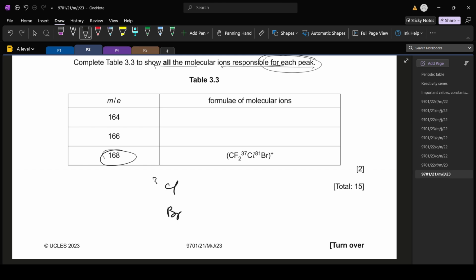Chlorine has two isotopes, chlorine-35 and chlorine-37, and bromine has two isotopes as well, bromine-81 and bromine-79.